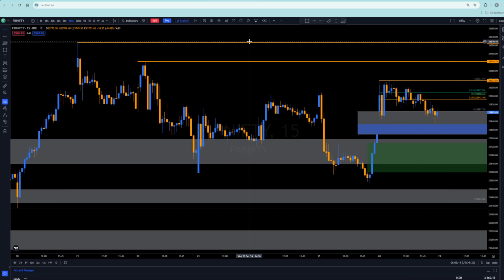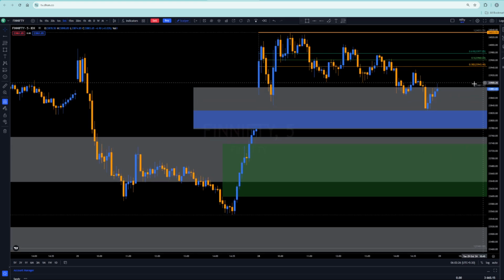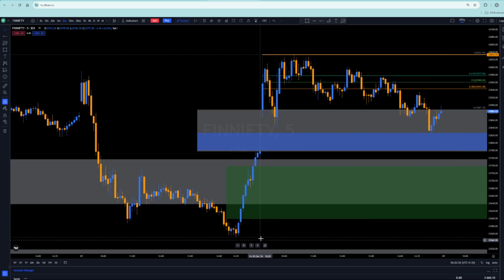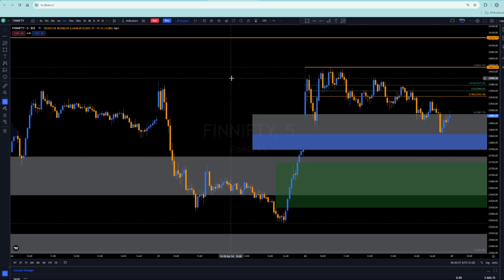So let's switch to 5 minutes and see if we can see anything close by. All these fair value gaps, and this gap, can become targets if everything is really bearish. I don't see anything else.